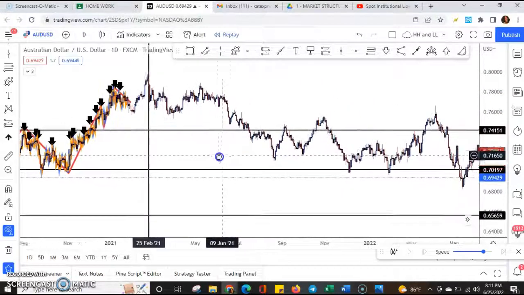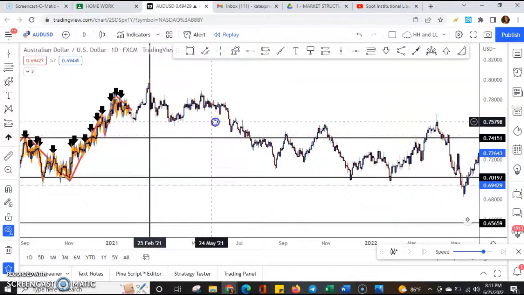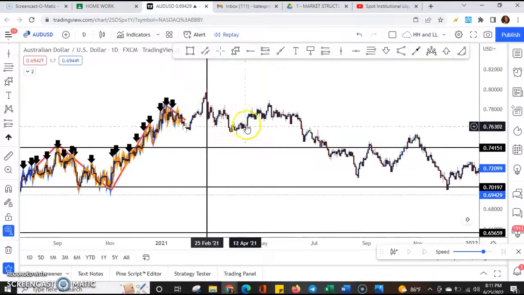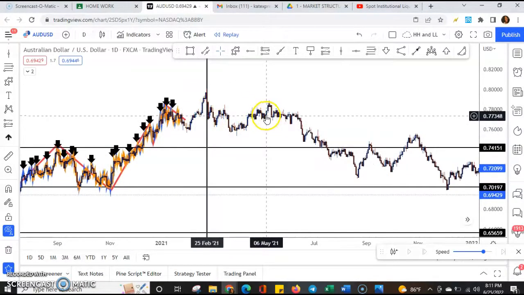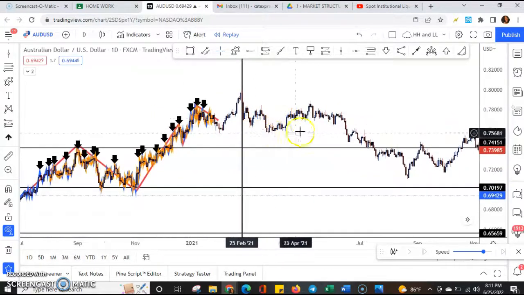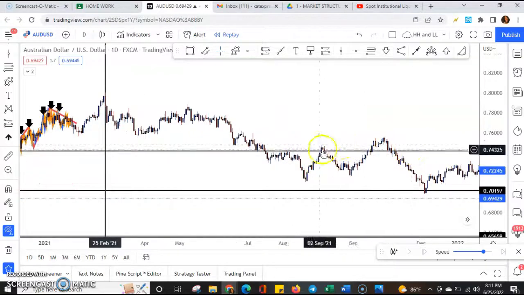Now you can see there was a true change in the trend. It made lower lows, and in between these lower lows, you have your substructure where you have your pullbacks, and at this point, you have your consolidation in the middle right here, and you also have your swing points.